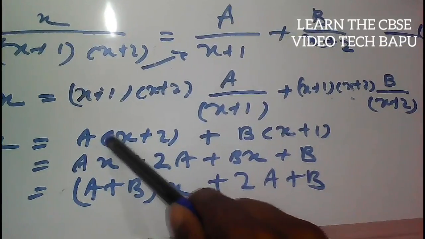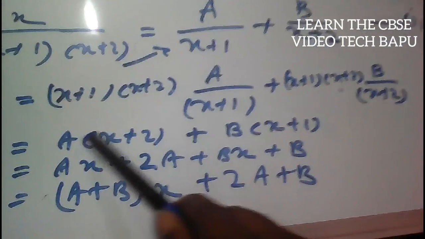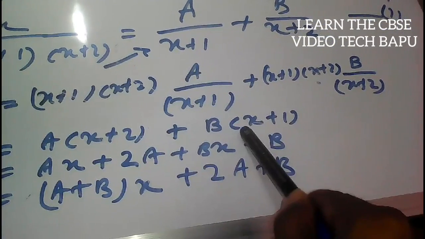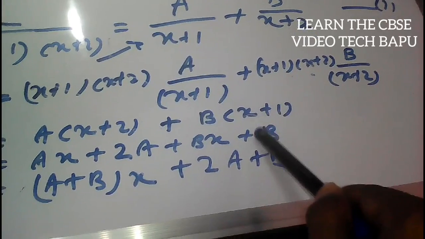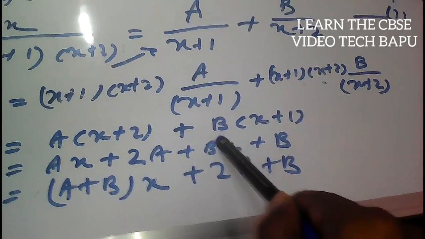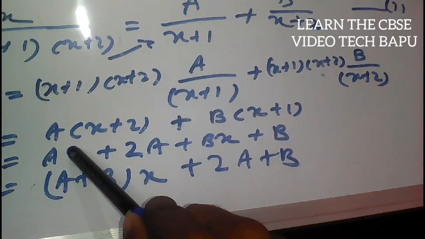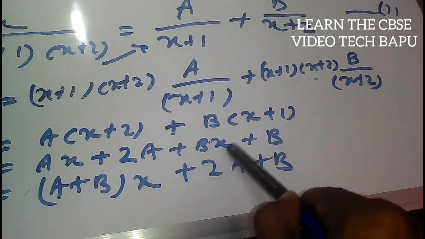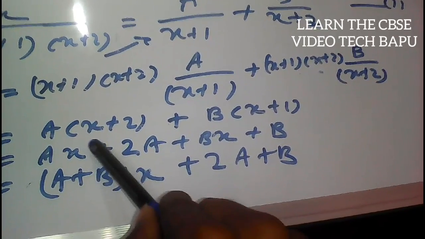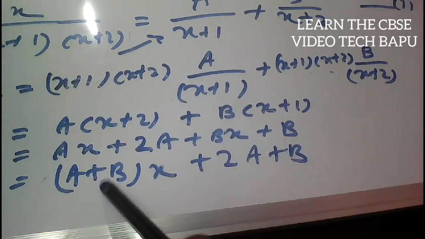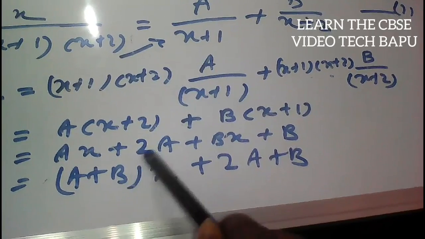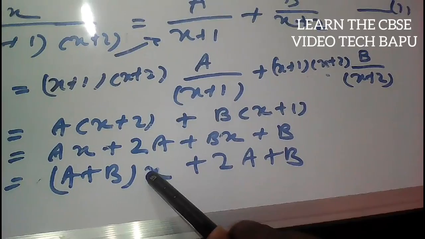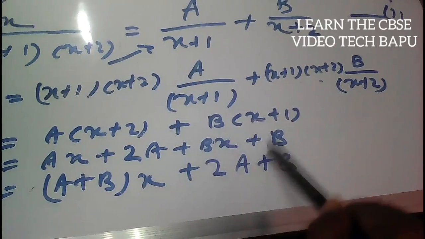Here, by multiplying, you get ax plus 2a, bx plus b into 1, that is b. Now take x common: a plus b in brackets into x, next 2a plus b.